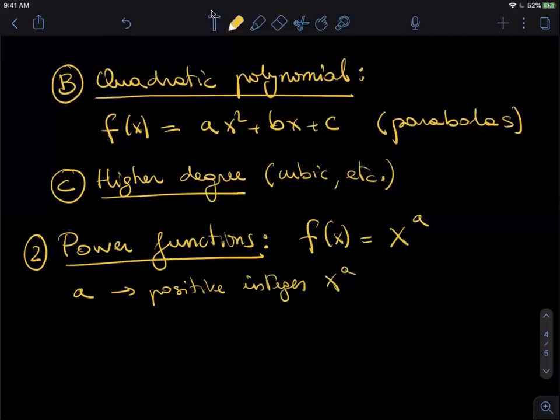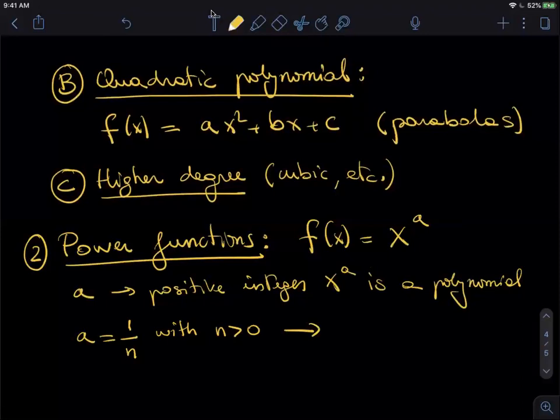Then x to the power a is a polynomial. But I didn't say a needs to be an integer. So a could be, let's say, a quotient, 1 over n, with n positive. Then actually what I'm looking at is the nth root of x. So if the exponent is a fraction, 1 over n, then it's a root.